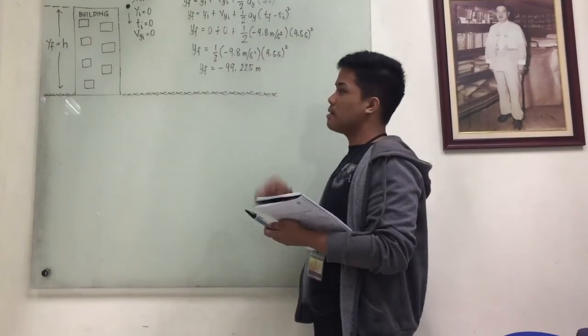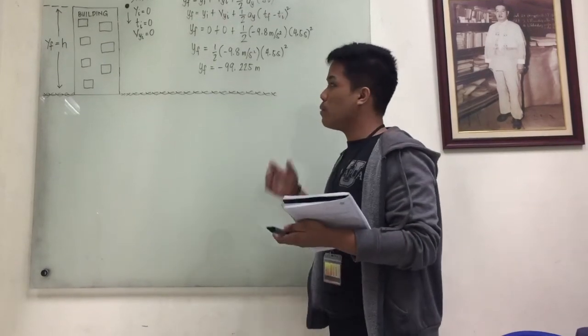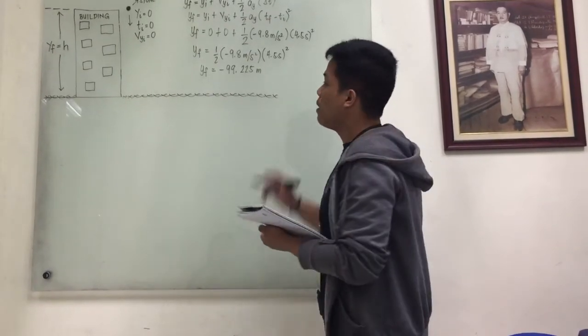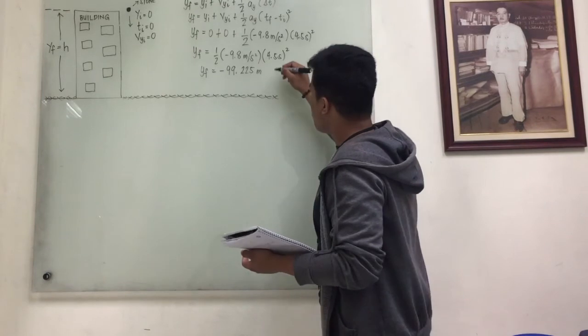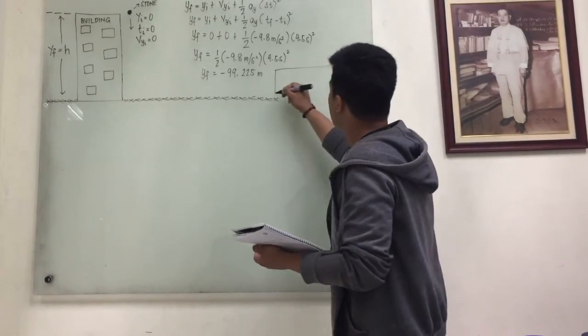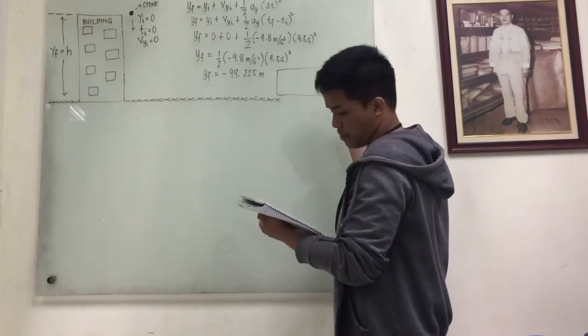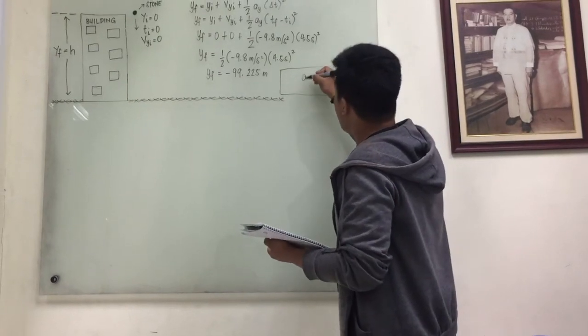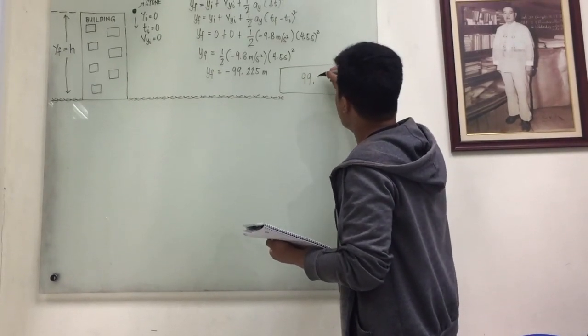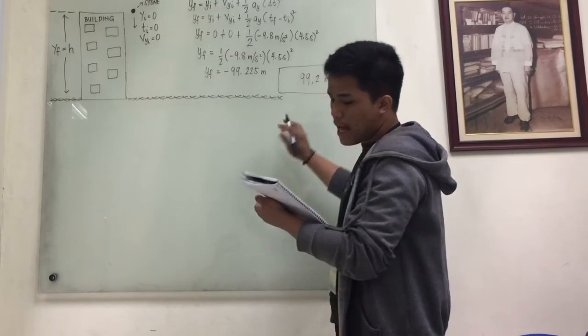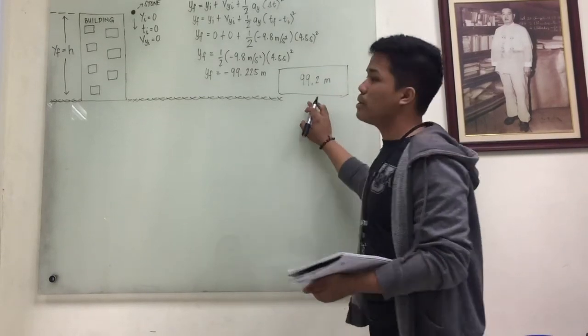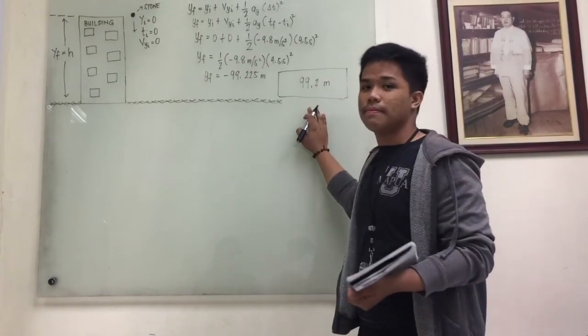So basically, there's no negative values when we are talking about the height of the tower or the building. So the answer is 99.2 meters. So the height of the tower is equal to 99.2 meters.